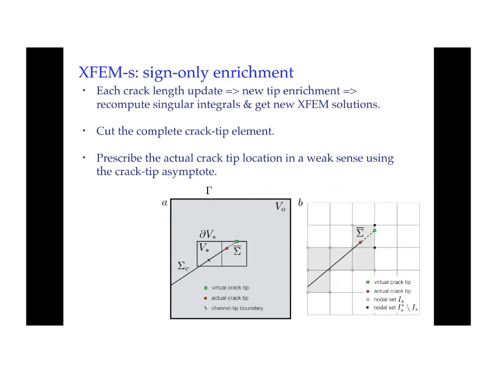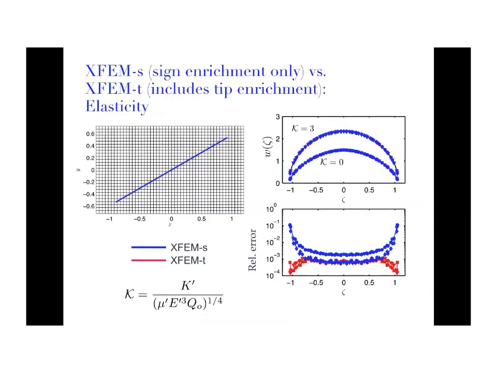In this sense, your crack location within one element is only prescribed in a weak sense, because you cut the complete element once it's touched by the crack tip. And this has shown for a planar crack, the results were good.